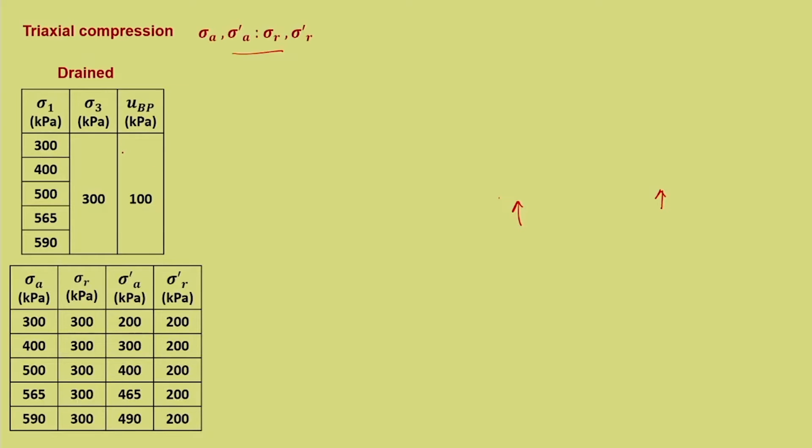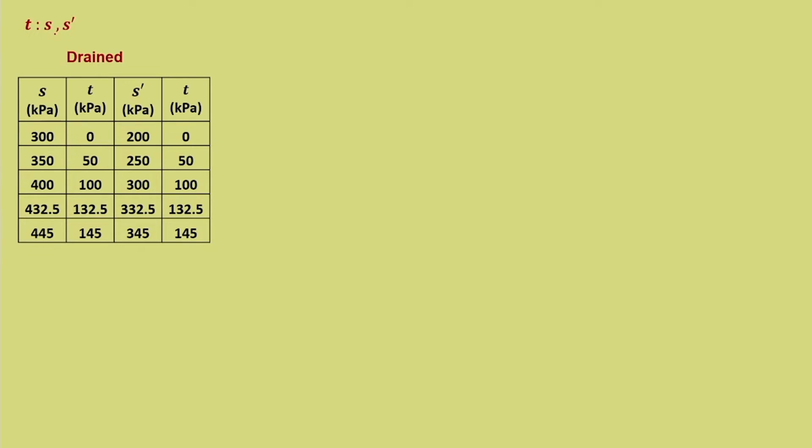Now, from this drained data we will have to find the data for the t-s-s dash plot, and we have the relationship for t and s, s dash. That is given here. So, s and t are given for drained, and s dash will be s minus the back pressure.